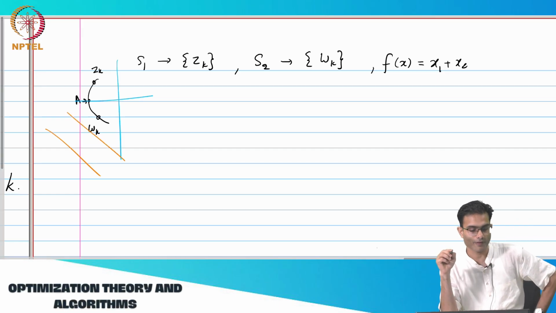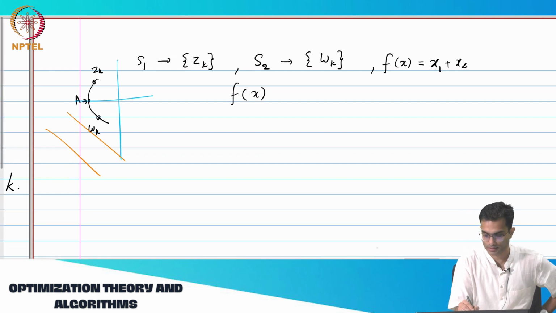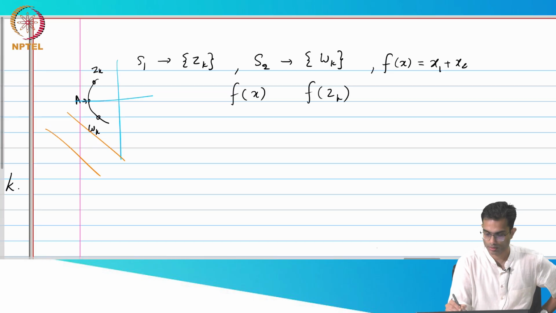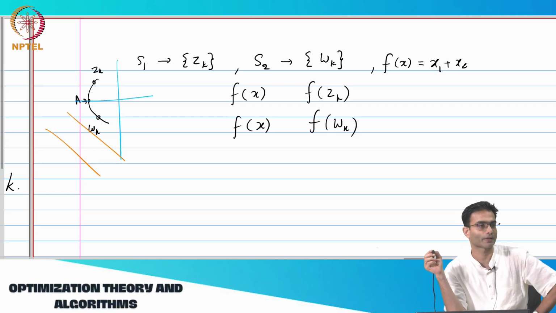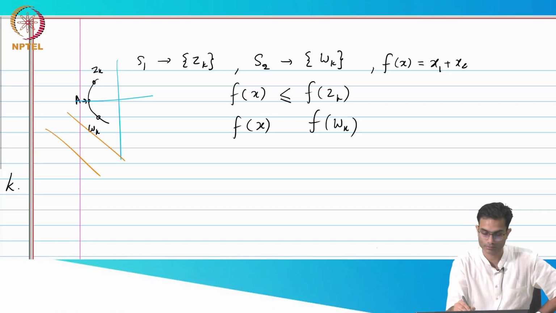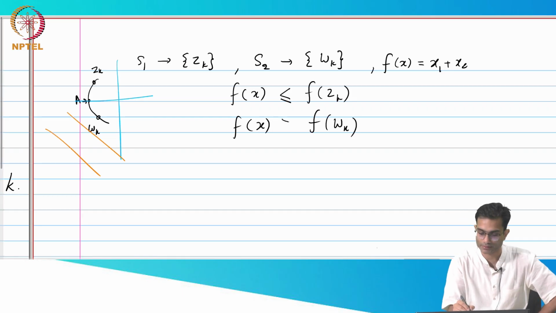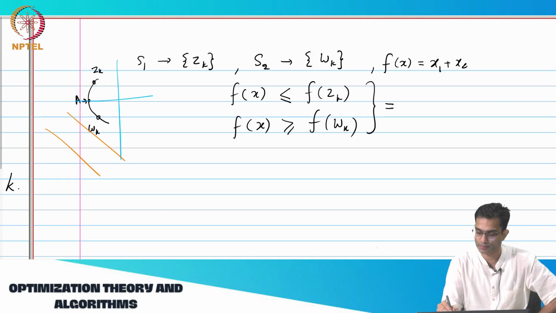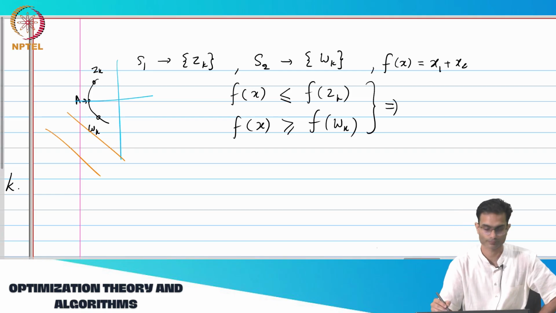So f at zk, f at x, and f at wk. For the first one, which way is the inequality? f at x is always less than or equal to f at zk, and for the other one, it's always greater than or equal to. So this together implies what? A is not a local minimizer.